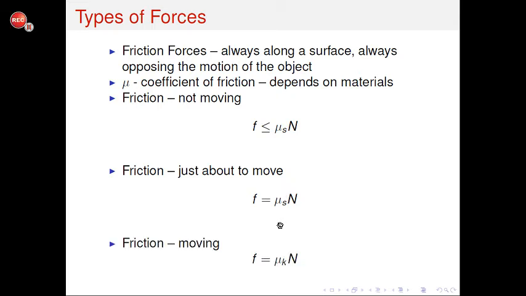And finally, if it's moving, there's a new coefficient, which is generally a little bit lower, and the friction force is mu sub k times the normal force. And this is absolute equality. Once the object's moving, it can accelerate. It may not, but it can accelerate. And this formula will give you the friction force regardless.